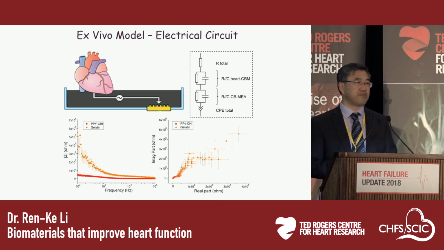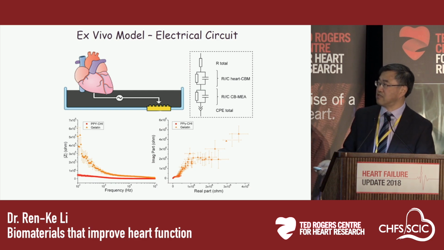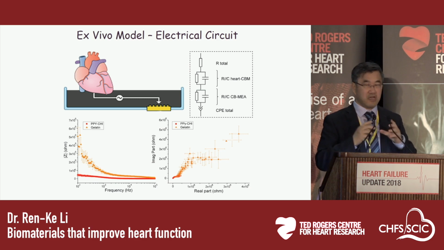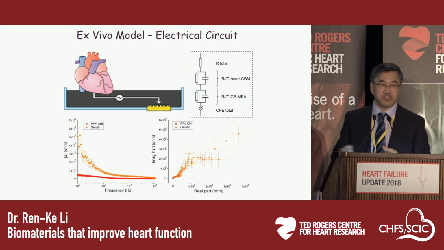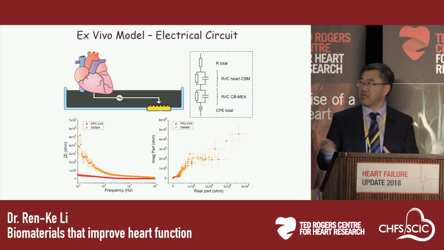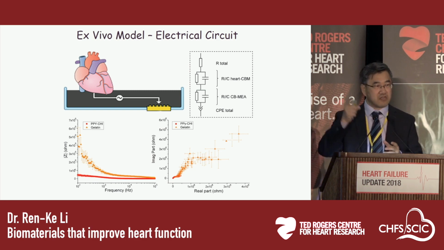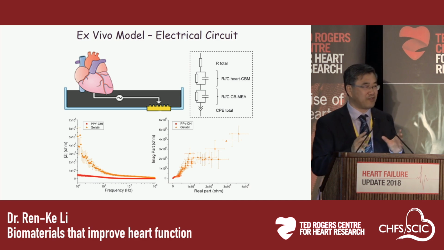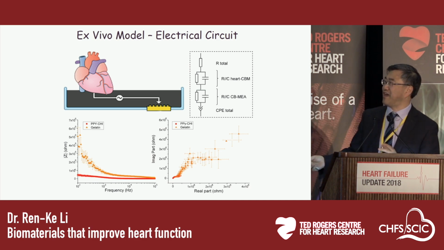So working with Professor Song Yu, and he's a postdoc fellow, we use a physics electrical circuit to evaluate how the current can pass through the entire system. To be honest, I don't know that too much, but I will try to explain that.